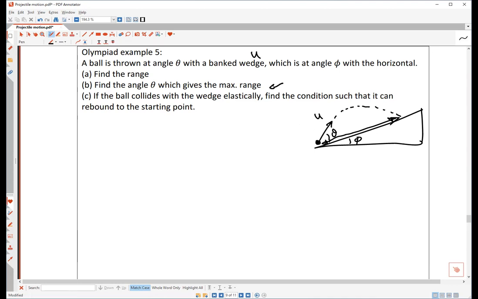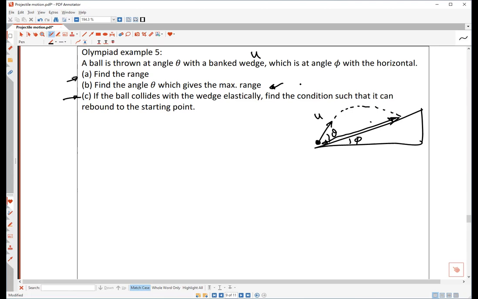This is much more difficult. Mathematically speaking, it's much more difficult. So let's do part A first. Part C is much more difficult, you can have a look at it. It collides with the wedge with a loss of energy, and it will rebound a few times and then go back to the initial point. So find the range first.